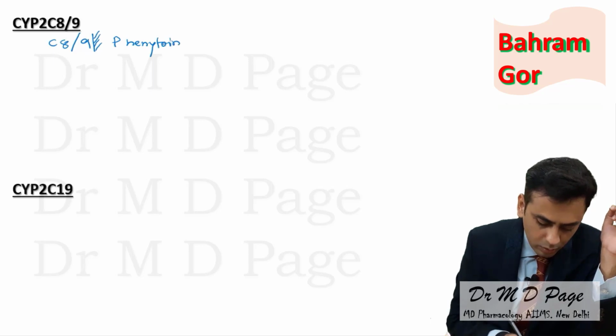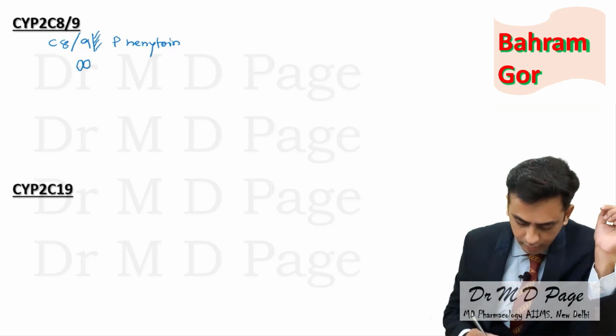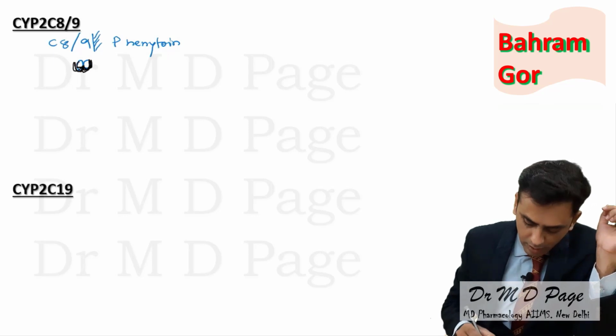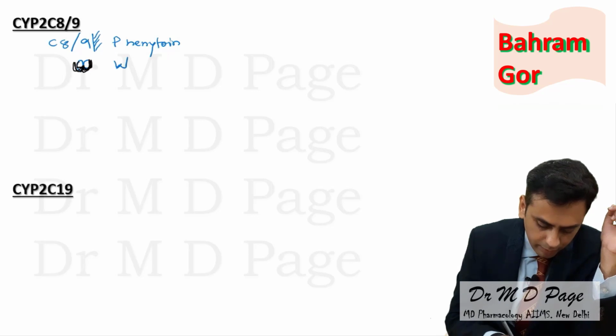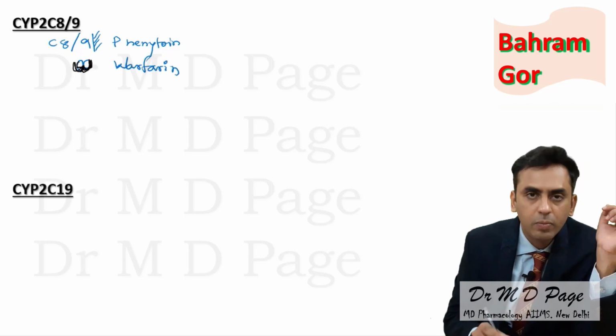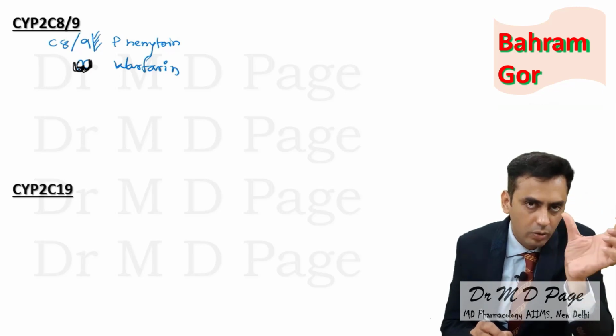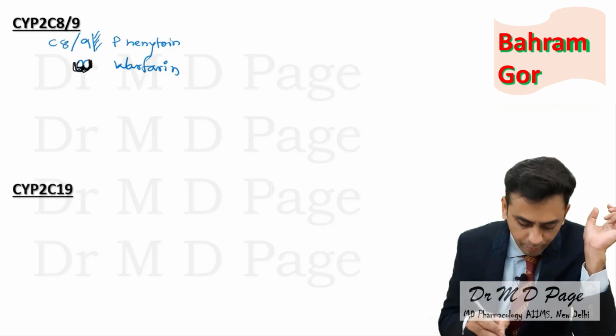And if you rotate this 8, you can see W here. Correct? By this W, what I mean to say is warfarin. So you got two substrates by looking at the name: 9, upside down P, P for phenytoin; 8, rotate, W, warfarin.